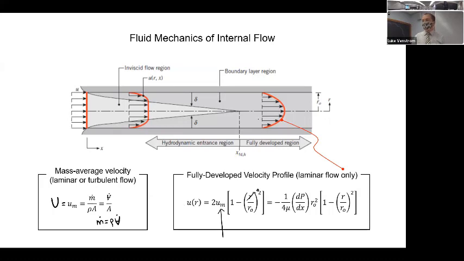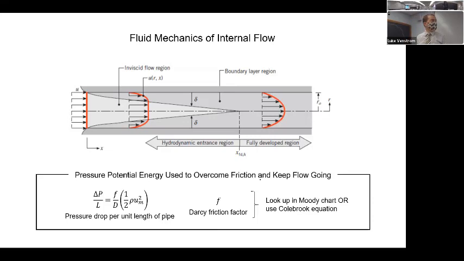And so when r is equal to 0, the velocity at the center line is 2 times the average velocity in a fully developed laminar flow. The velocity at the center line is 2 times the average velocity. So the average velocity, if you wanted to think of the equivalent uniform velocity, is like half of that parabolic velocity profile. So it's all ringing some bells. This should hopefully be reviewed mostly.